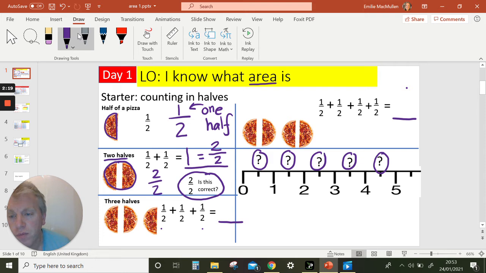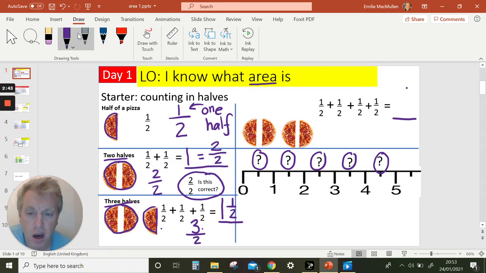So, what about our next question? 3 halves. Well, the half and the half make 1, and then we've got 1 and a half. We write it like this: 1 whole pizza and a half pizza. Could we write it 3 halves like this?